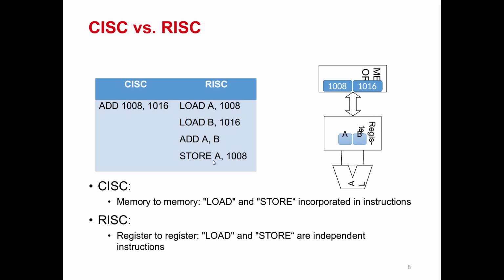After that, the store instruction here will store the value in the register file back into memory. However, each of these instructions will be much faster than the instruction in CISC.